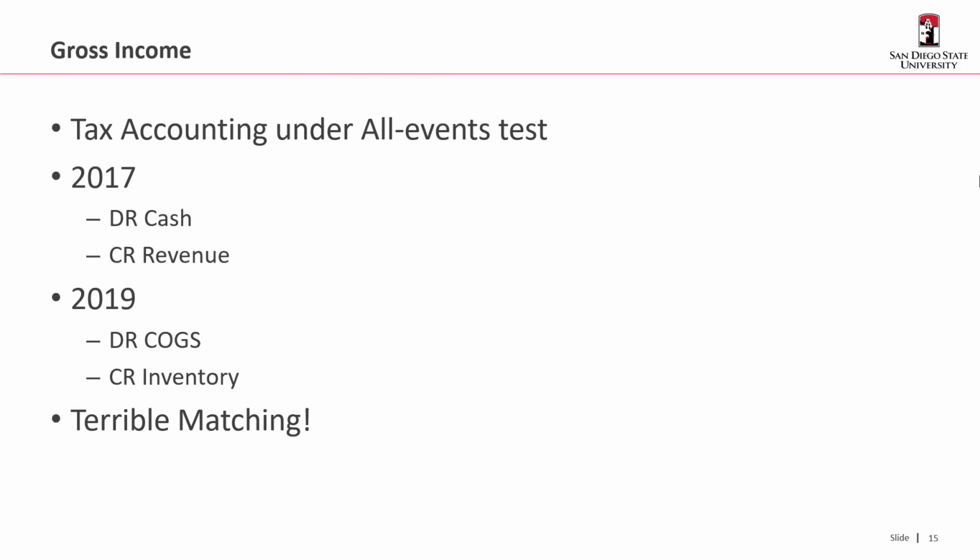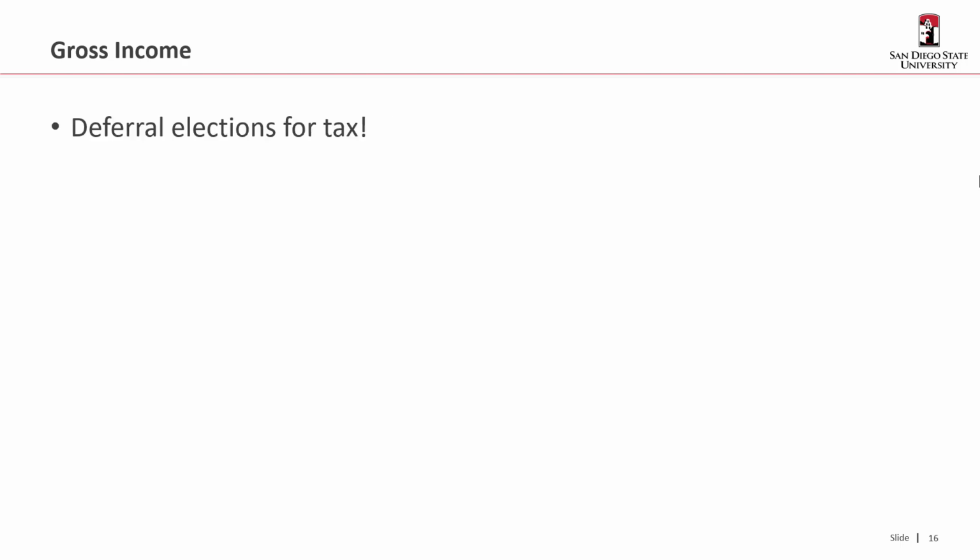Well, this presents absolutely atrocious matching. So as a result, we need some escape from this, right? The green visor that I wear as an accountant just blew into 1,000 parts or caught on fire because I can't believe this terrible matching.